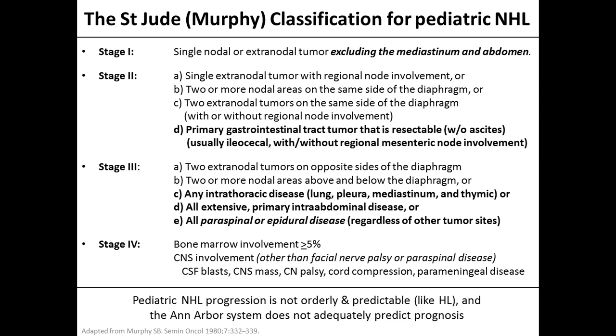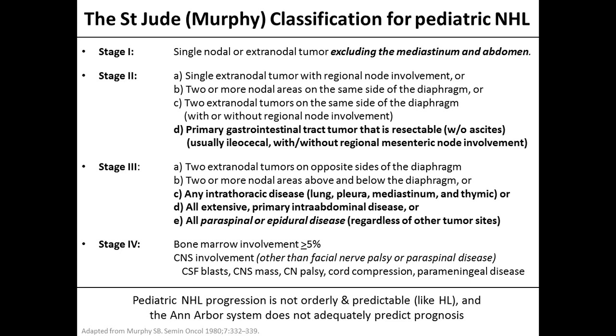The other thing to know is that down under the stage 3 part here, all extensive primary intra-abdominal disease, even if it's limited to the abdomen, is stage 3, which is not like Hodgkin lymphoma, and all paraspinal or epidural disease is stage 3, not stage 4. CNS involvement, excluding facial nerve palsy or paraspinal disease, counts as stage 4.